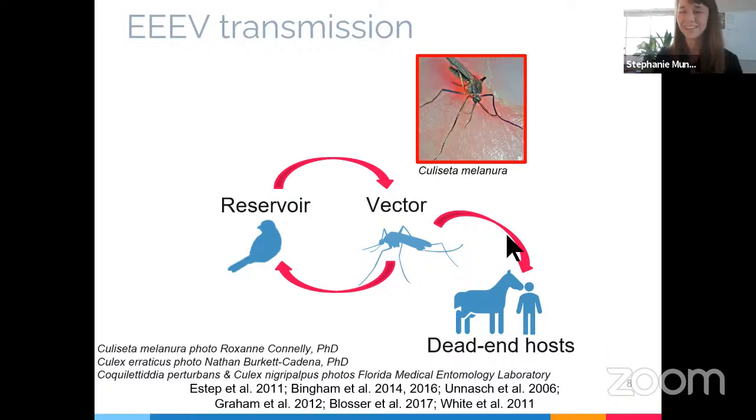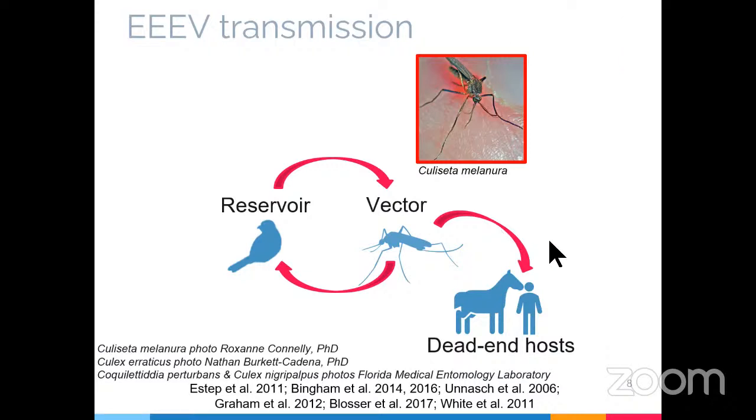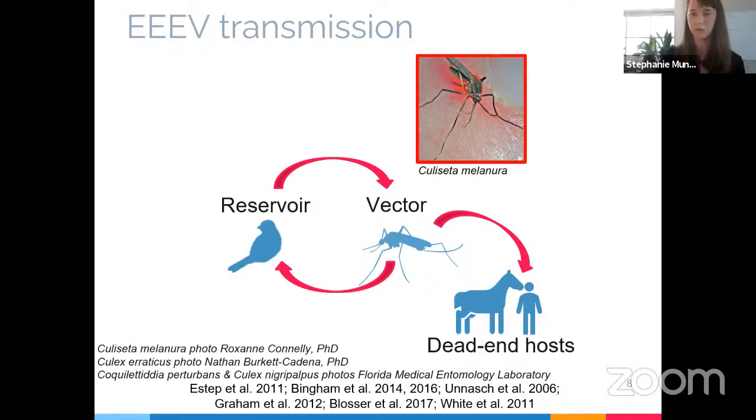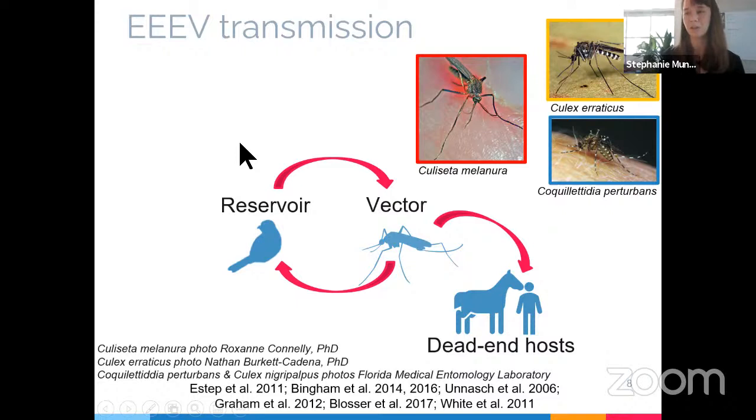Okay, so Culex erraticus, shown here with the yellow border, is a little bit more of a wild card.